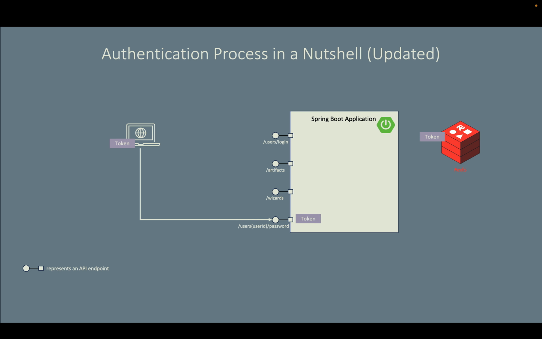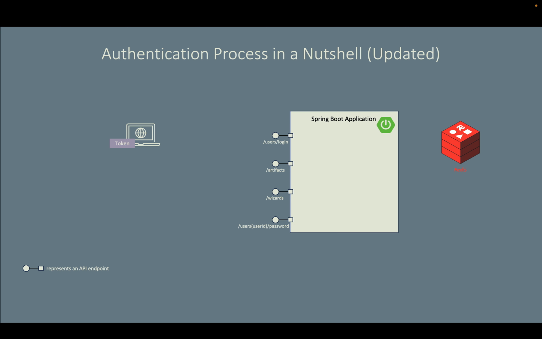Spring Boot verifies this is a good token. And it also exists in the Redis cache. So password is changed. Great. More importantly, upon password change, we will remove this token from Redis. As you can see, the token is removed from the whitelist.